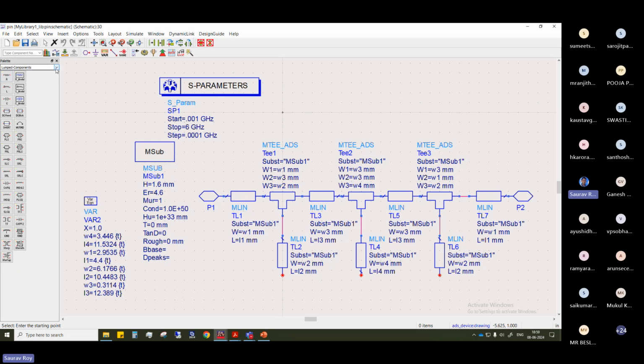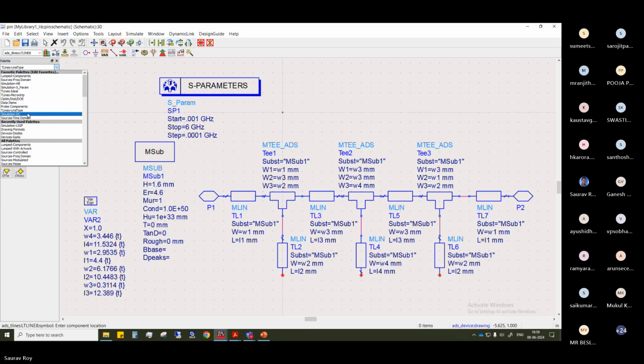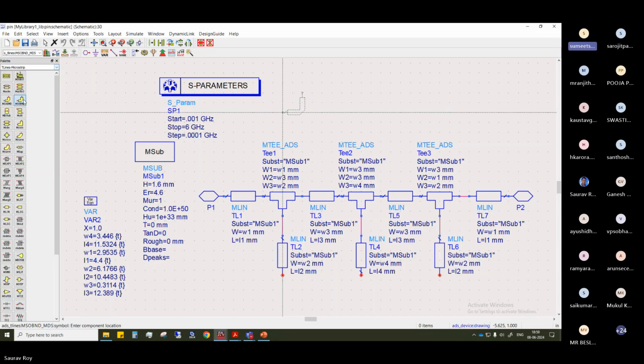So if you go to the transmission line components, yeah, here you see there are normal microstrip lines as well as the open circuit and short circuit options.